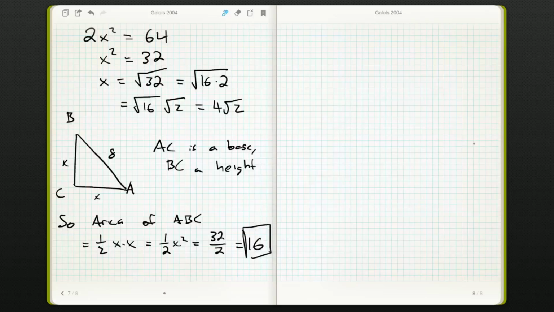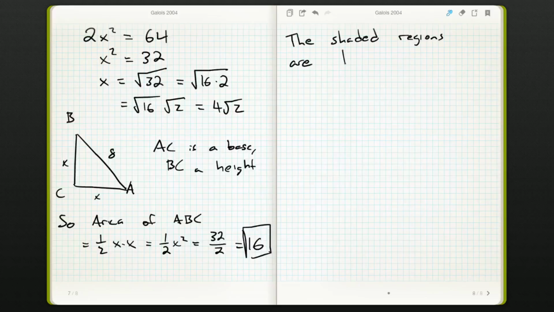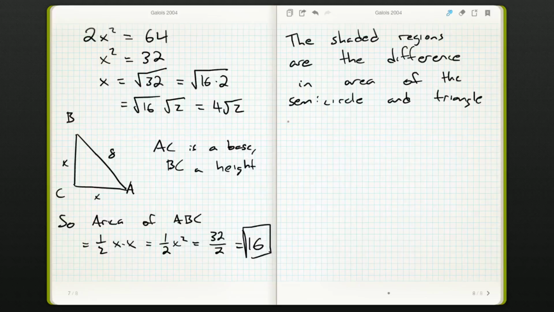So I notice the shaded region is the difference in area of the semicircle and triangle ABC.